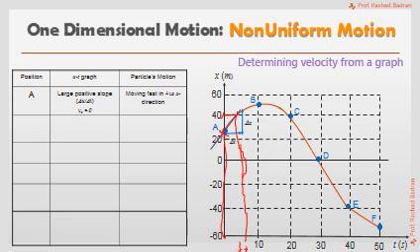So now we have x final and x initial, and they have their corresponding times. The difference between x final and x initial gives us delta x, and the difference between time final and time initial, obtained from the graph, gives us delta t. Divide delta x over delta t, and you get the velocity.